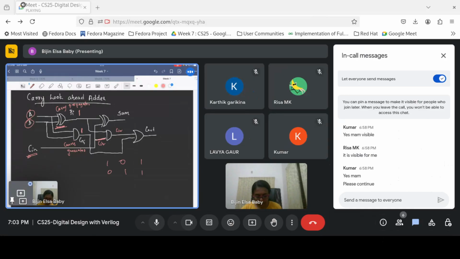So suppose we can represent the expression using this Pi and Gi, the output of the half adder. G is the carry, and P is the sum for the first half adder. So if you can represent the final sum and carry out expression in terms of these half adder outputs, it will not depend on the previous block carry. So we can compute the carry for each block independently.